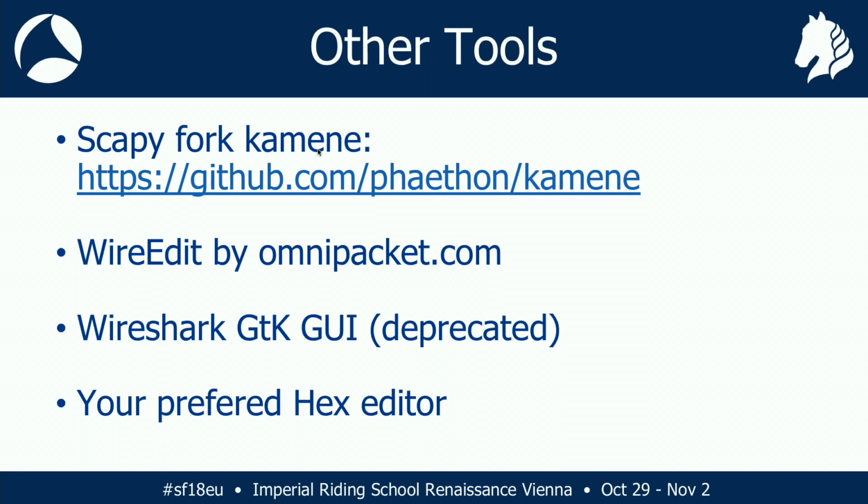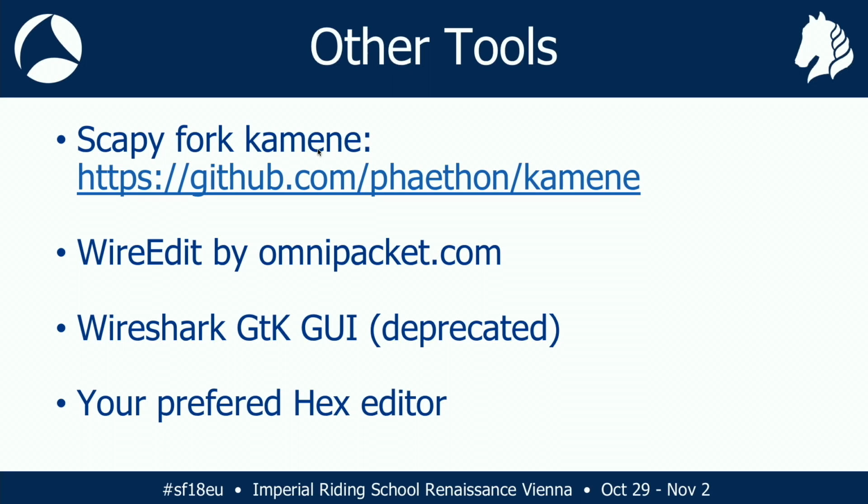Then there are some other similar tools. The first one is a fork of Scapy, the Kamene, or I don't know how to pronounce it. Previously, it was called Scapy3 because original Scapy was only implemented for Python 2, and someone wanted to have it for Python 3, so he started a Scapy3 fork, which is now renamed to Kamene. I haven't used it.